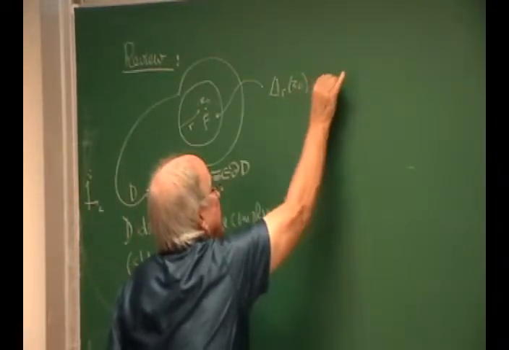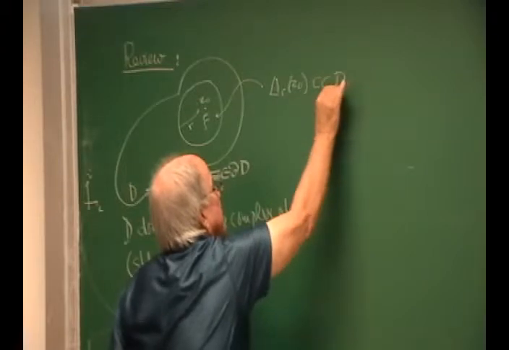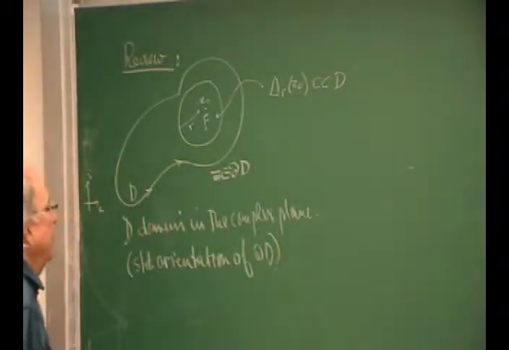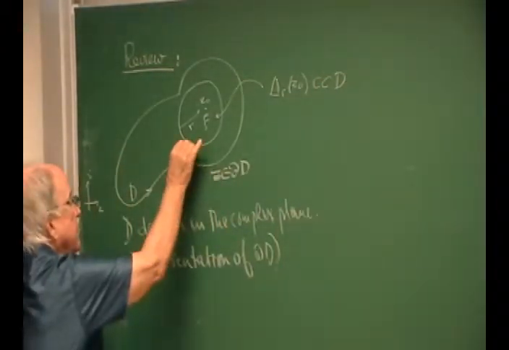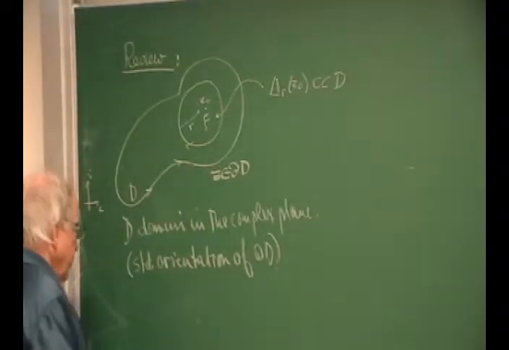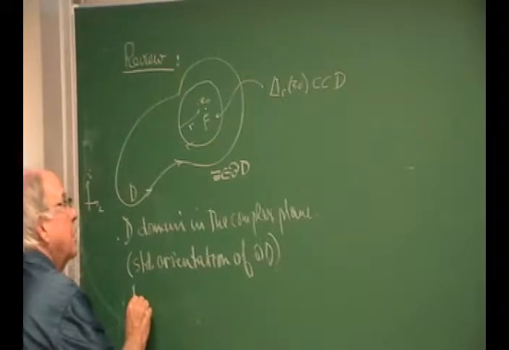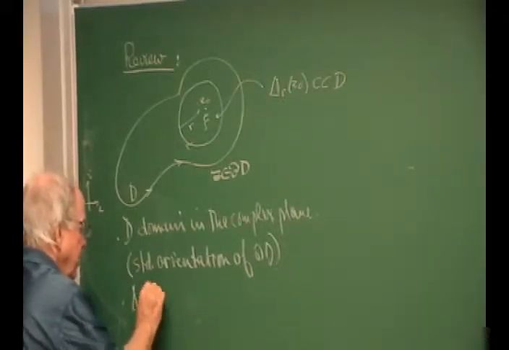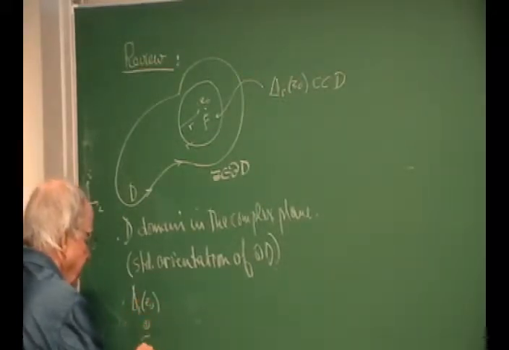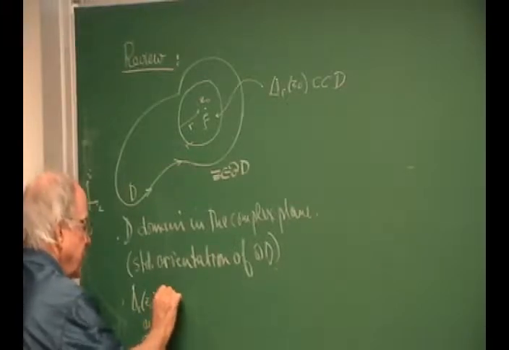And in fact, its closure is in the domain, so that we have its boundary in the domain, and it has the standard orientation. So the disk of radius R about z0, which contains the point zeta, has standard orientation.